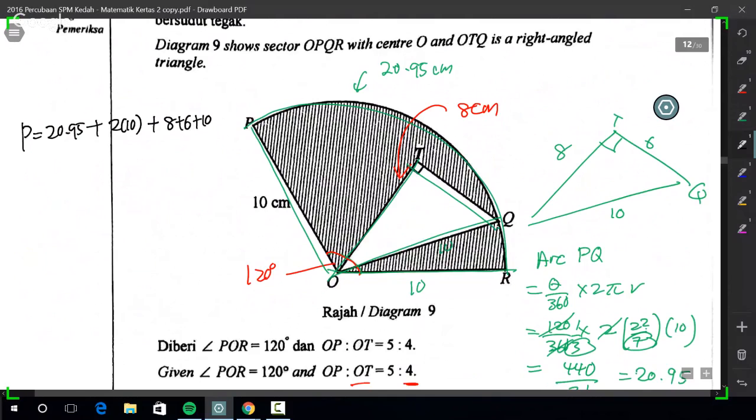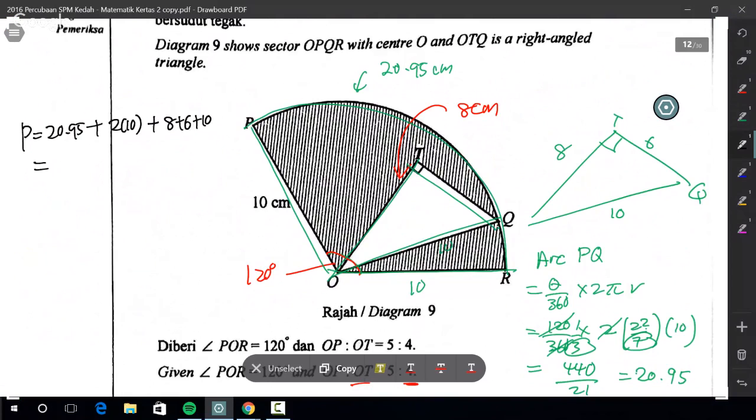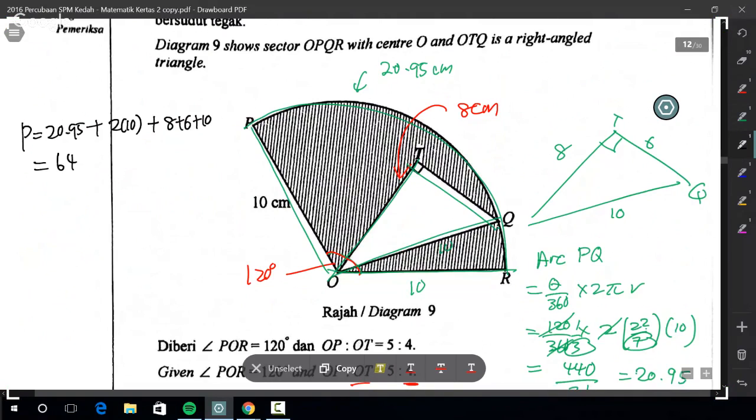All right, I guess that's all. So here will be 40.95, then 64.95. Final answer should be 64.95. I hope I will get the same answer as you.